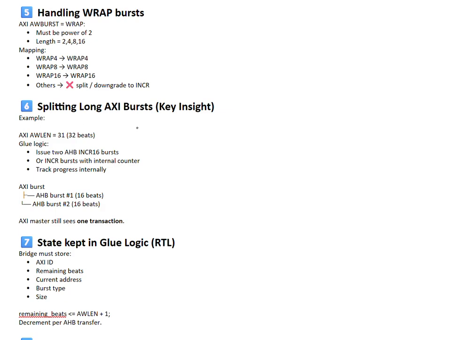So, splitting long AXI bursts. In case of AXI, let us say the AW length is equal to 31, which is 32 beats. So the glue logic will be to issue two AHB incremental 16 bursts, because the maximum AHB supports is still 16 beats. So we'll have to go for two transactions with the INCR 16.